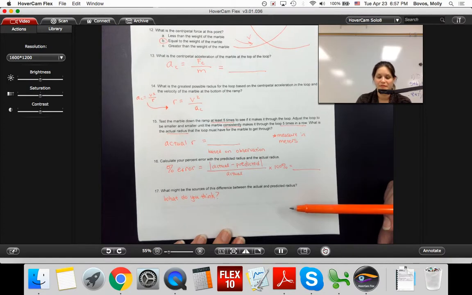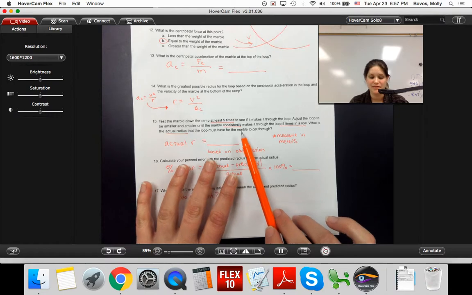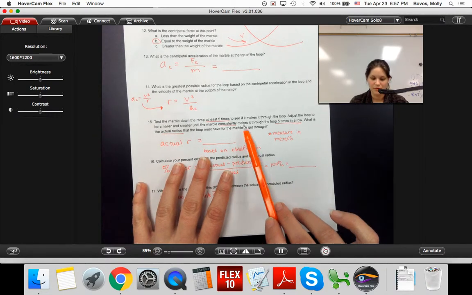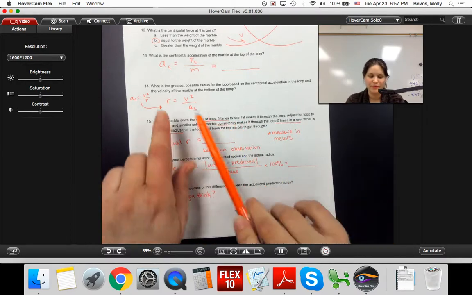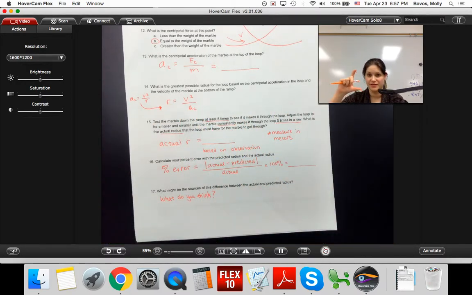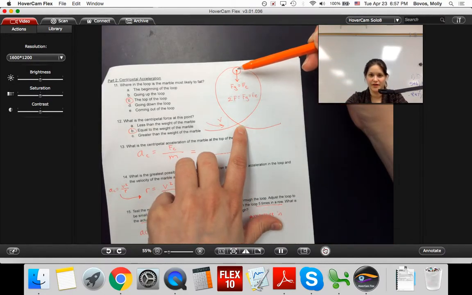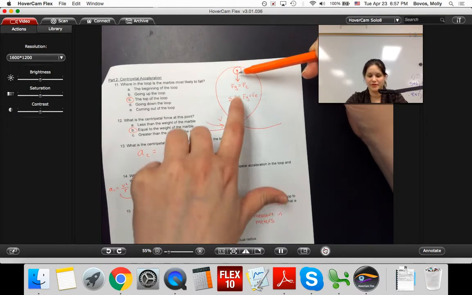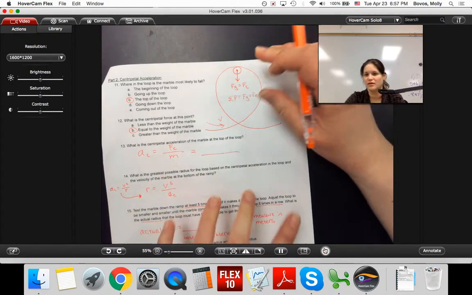Then from there, all you're doing is actually conducting the tests. See what radius your roller coaster needs to have in order to make that work. Remember that radius is half of the diameter. So if you're measuring that whole loop, from here to here, then you're measuring the diameter. It's going to be hard to get it to be a perfect circle, and that's fine.